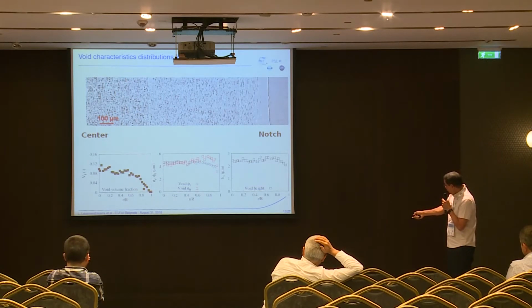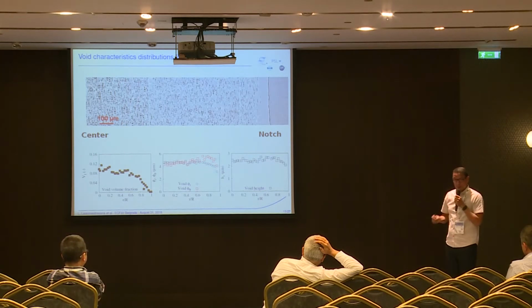Please note that there is something interesting here: the radial diameter and the hoop diameter are different. This means that the void base is not circular but elliptical, with the minor and the major axes measured, and the void height has also been listed here.